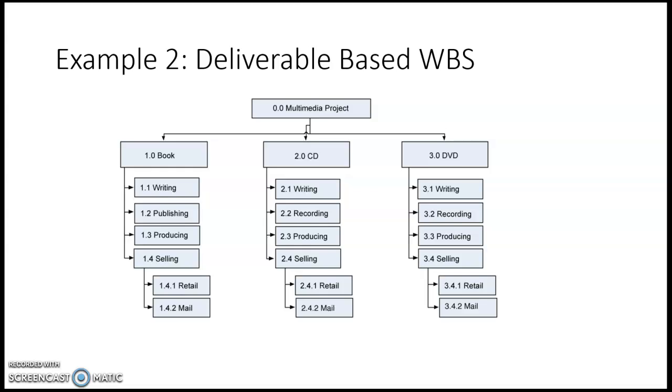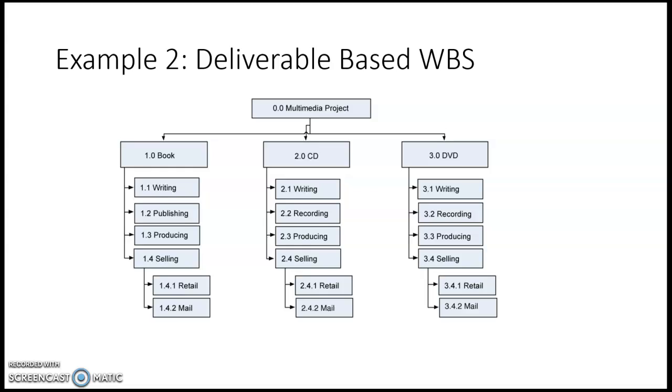The part where we have the main deliverables, we call the first level. Under the first level come the subtasks. For example, under books, which is 1.0, we will have the sub-level tasks, which are 1.1 writing, 1.2 publishing, 1.3 producing, and 1.4 selling.